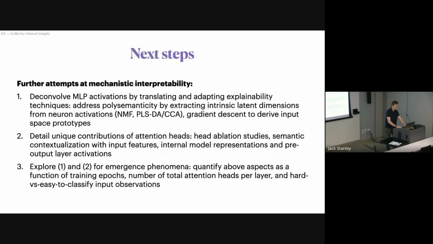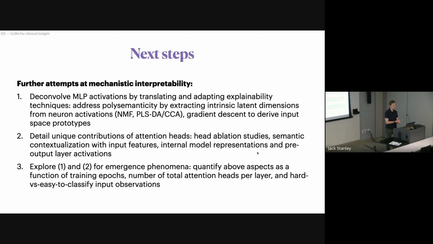Now, next steps for our mechanistic interpretability, we'd like to really dive a bit deeper into the actual transformer architecture. So we made some attempts at this, but ultimately we'd like to deconvolve these NLP activations a little bit more to address the polysemanticity of these neurons by extracting, essentially, as we were saying in the introduction, the intrinsic latent dimensions from these neuron activations.